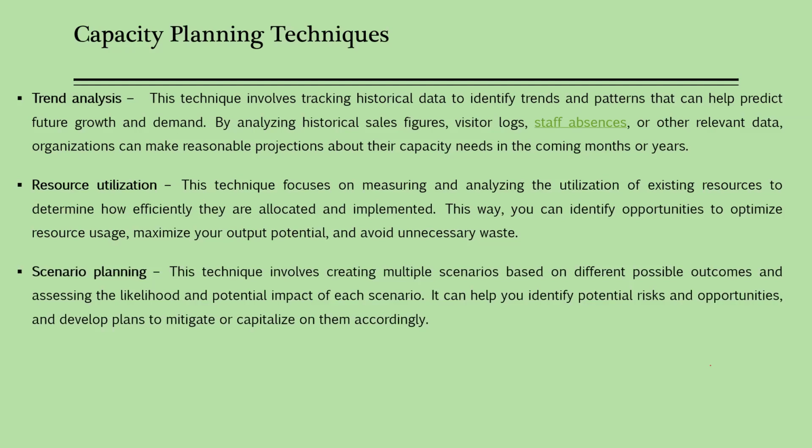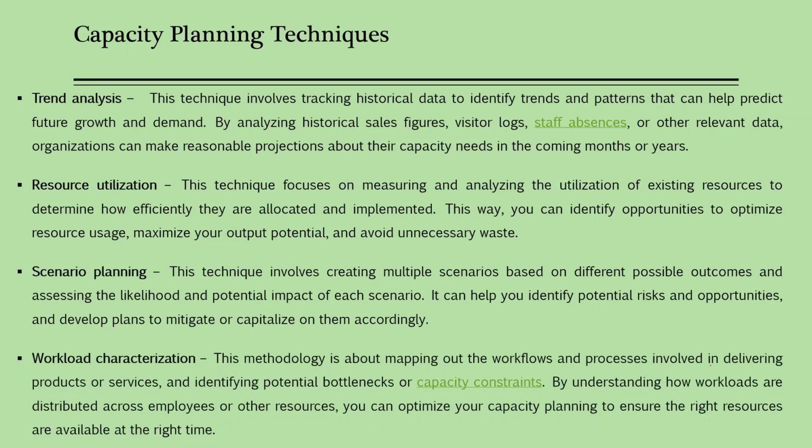Likewise, we are going to predict and plan. Then the final one is workload characterization. Here we are going to map out the workflow and processes involved in delivering the product or services, and we are going to identify potential bottlenecks or capacity constraints. Just remembering these capacity techniques is enough for you at this level.